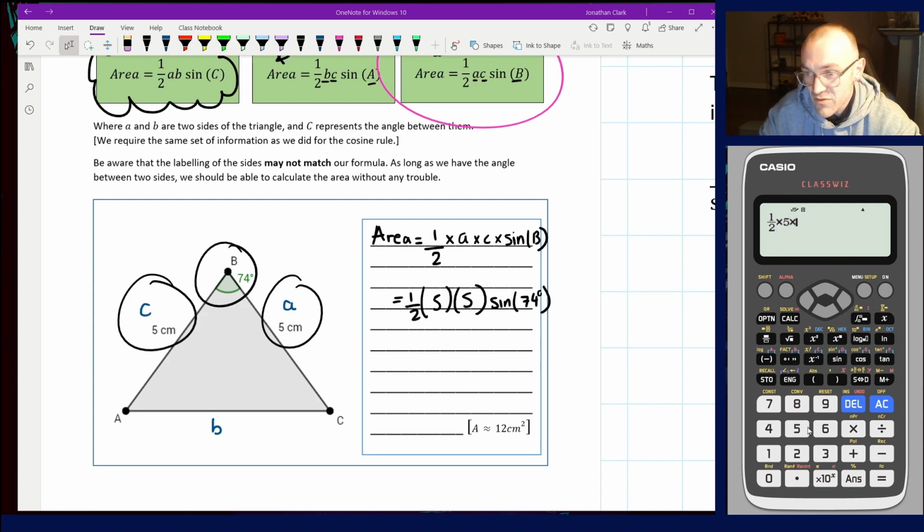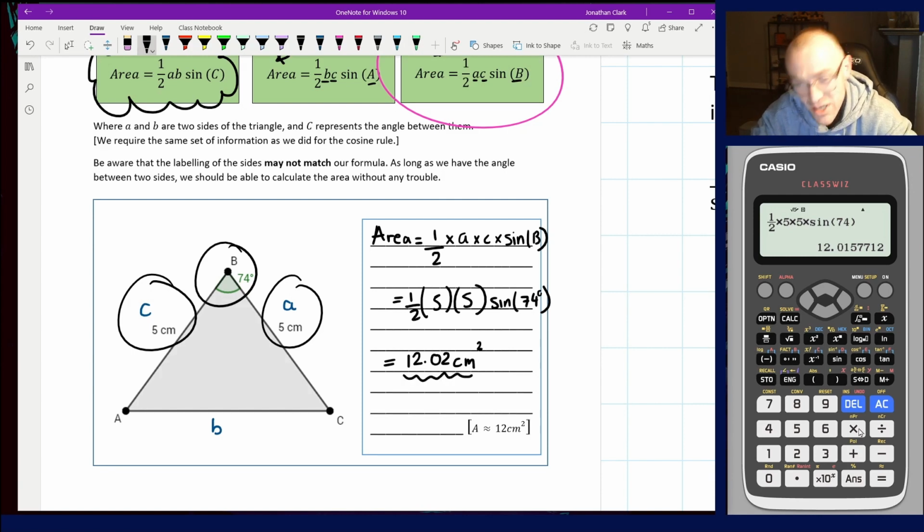Half times 5 times 5 times sine of 74. And that is equal to 12.01. I'm going to call it 12.02 actually if I round to 2 decimal places. And since it's an area, I'm going to go centimeters squared as well. Hopefully that one seems all right.